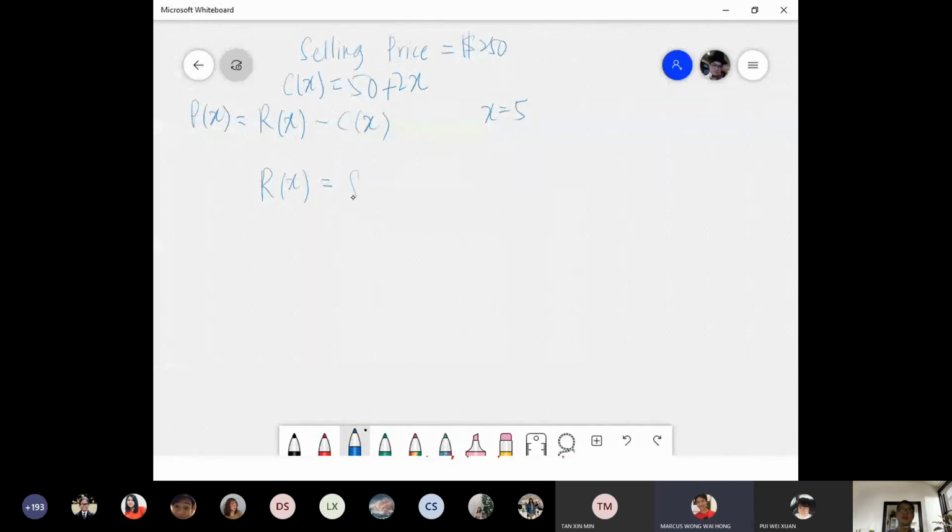Good. The revenue function is the selling price multiplied by the quantity. So we have $250 multiplied by the quantity. What is the quantity? Xia Yao?